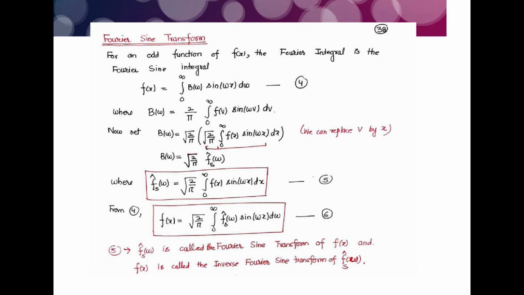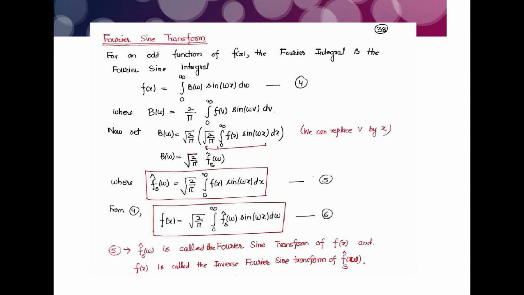And finally b w is square root 2 upon pi times f cap s, a function of w. So this new function f cap s w, defined by equation number 5, is the Fourier sine transform of the given function f of x.